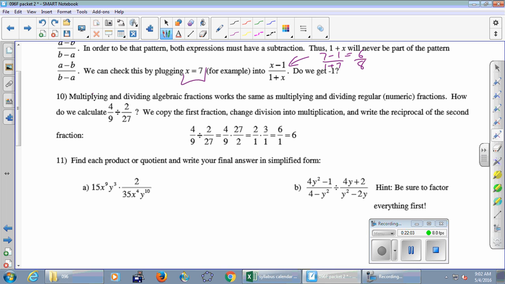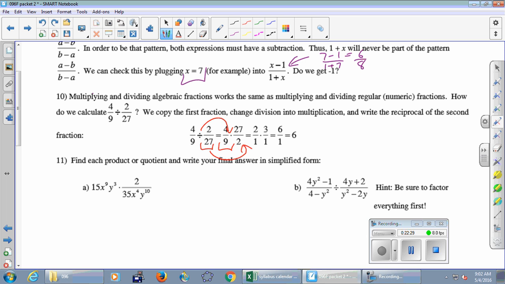So the first fraction is copied here, division has turned into multiplication, and the second fraction gets flipped over. Instead of 2/27, it becomes 27 over 2. If you want to see why that's something reasonable, just ask me after class and I can show you. But I think this is something you've seen before. You've got a lot of practice with fractions, even if we don't love fractions. You've done problems like this before.